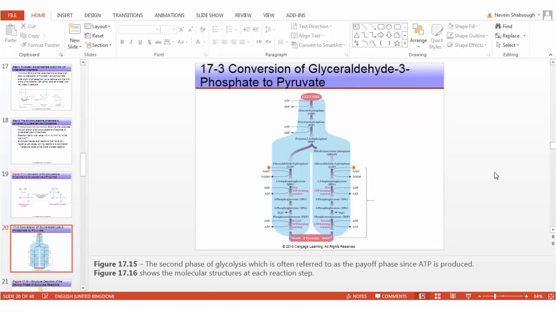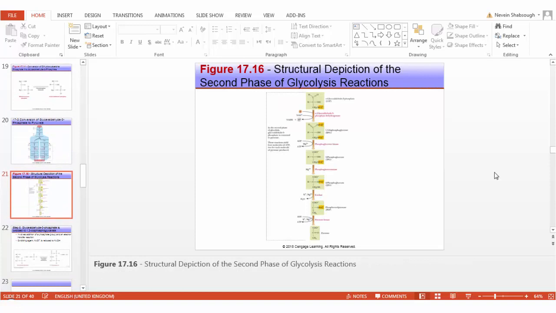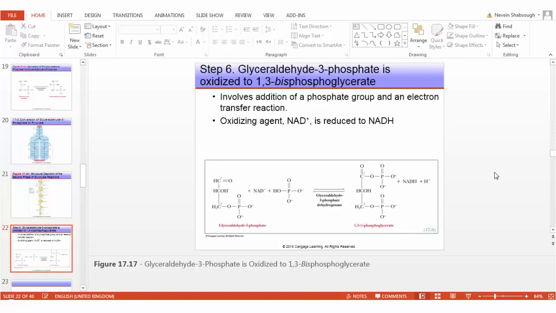Now the following figure shows the molecular structure at each reaction. So this is similar to this, but with the structures. Here we have Fischer projection structures for all the intermediates that glyceraldehyde phosphate passes through to form pyruvate. And we will talk about them in detail by going to step number 6.